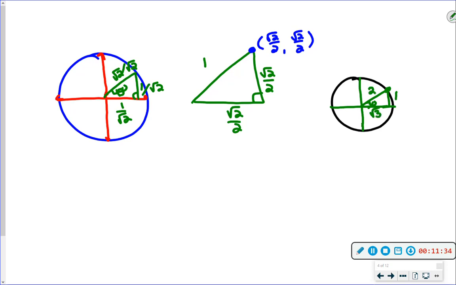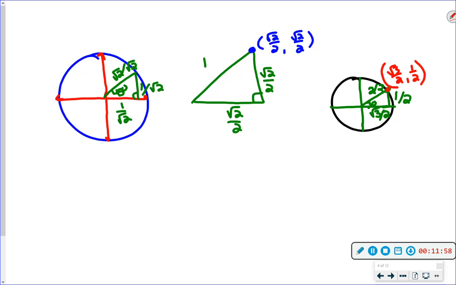But we want the unit circle. I want the radius of the circle to be 1. So I'm going to have to divide everything by 2. So now when I look at my point of 30, we would have to go right square root of 3 over 2, and then up a half.